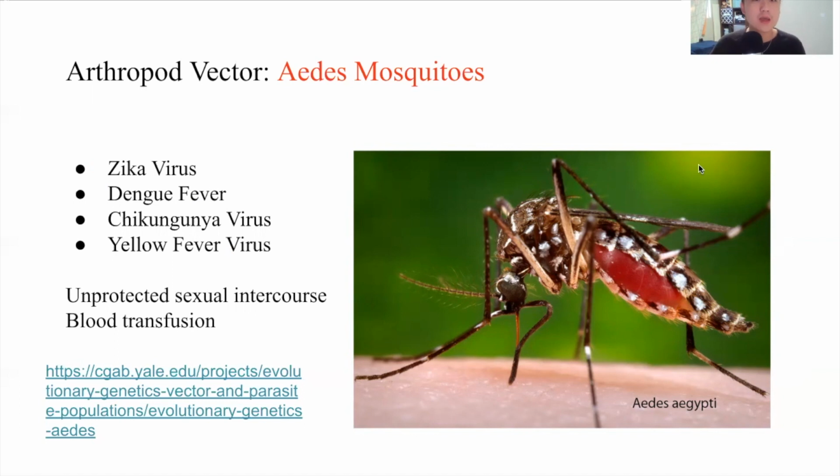It's a great concern for travelers, because if you travel around, these Aedes mosquitoes may infect you, and when you come back home to the United States or wherever you live, you can potentially spread the Zika virus to people around you.